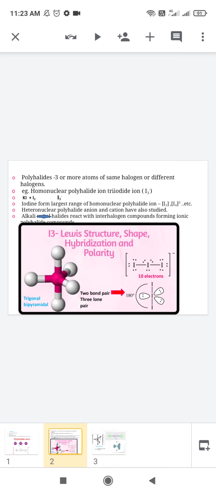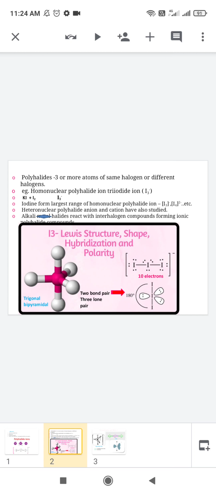Now, first of all, we will discuss the I3 minus ion. It is the simplest homonuclear polyhalide, and it is formed by the reaction between potassium iodide and I2 element. So we will get I3 minus ion, that is an example of a homonuclear polyhalide.